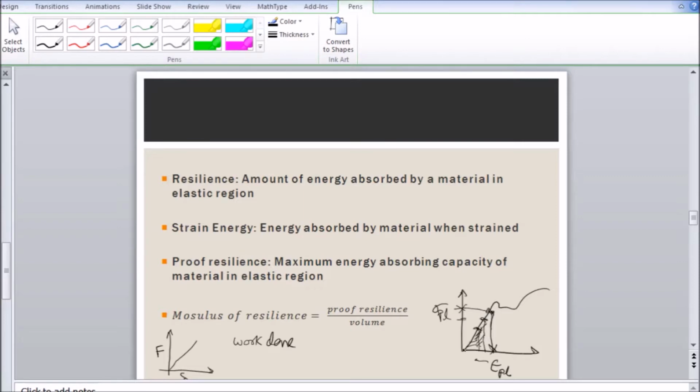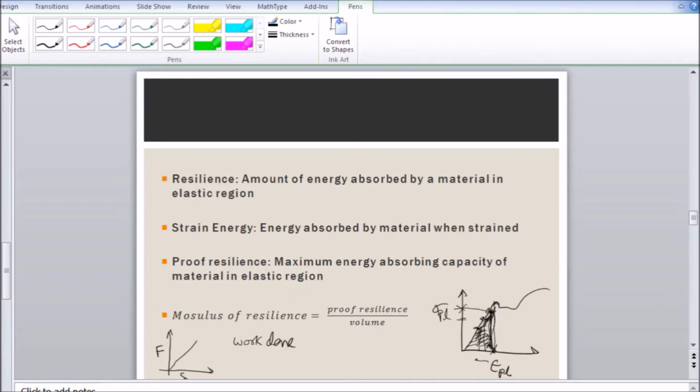So whatever it is, from 0 to below this limit, the energy absorbed will be called resilience. When we increase that limit to the maximum possible level, up to there, whatever energy is stored within the material, sorry, not up to proportionality, up to the elastic zone.